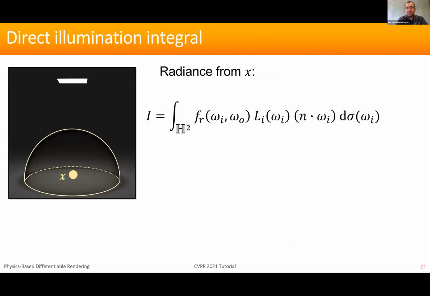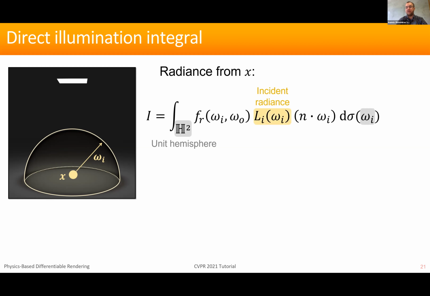In the context of direct illumination, we will use this simple scene I show here as an example. Effectively, the intensity that our camera, pointing at the point X, will measure will be an integral like the one shown here, where we are integrating over all possible directions of the unit hemisphere, the part of the sphere that is above the point X that we are looking at.